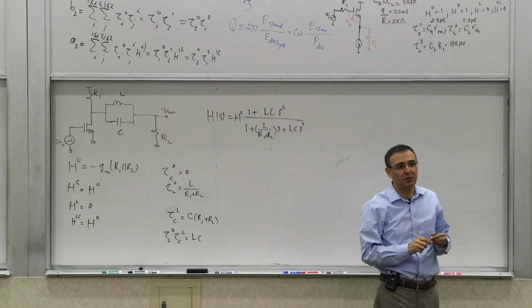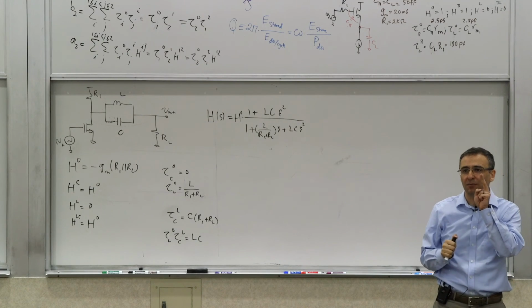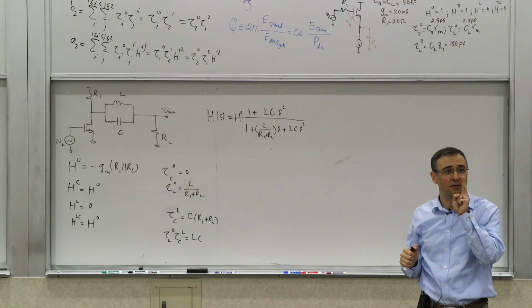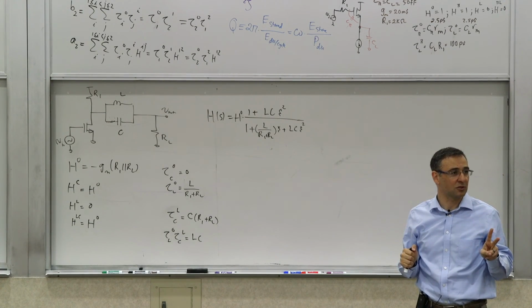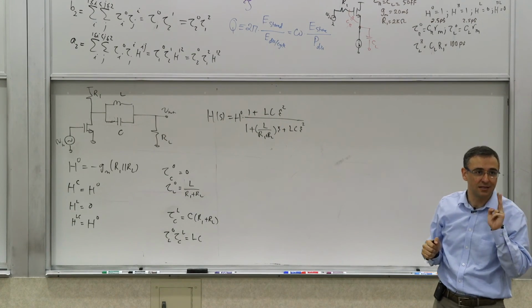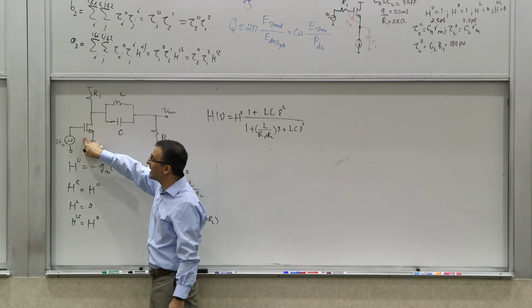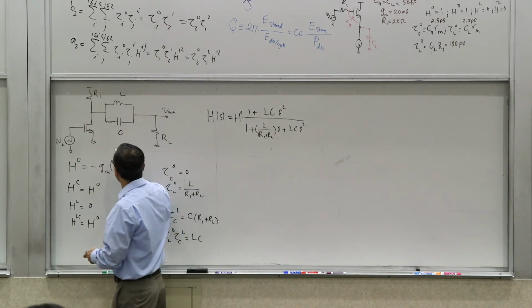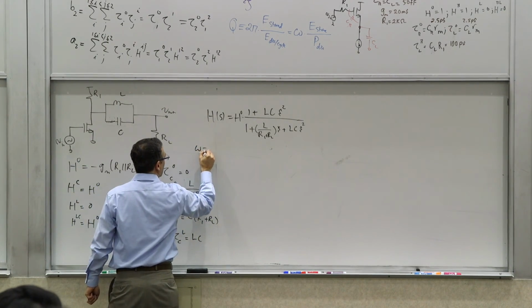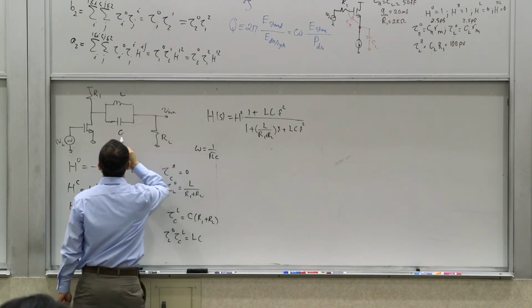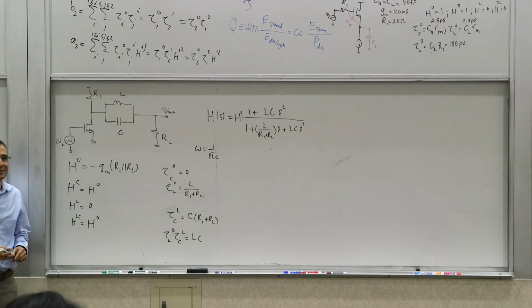So you can see that you have a pair of complex zeros. Actually, in this case, you have a pair of pure imaginary zeros at the LC frequency, which means that if you drive it at the omega of 1 over square root of LC, nothing will go through. It will just completely block that.